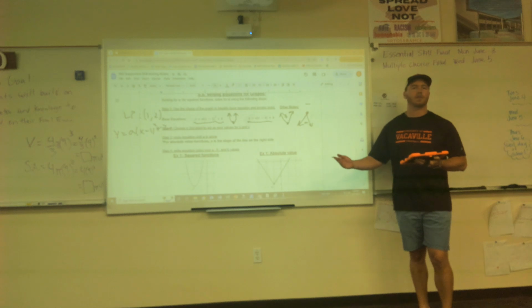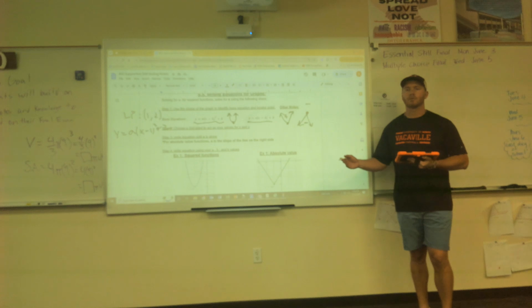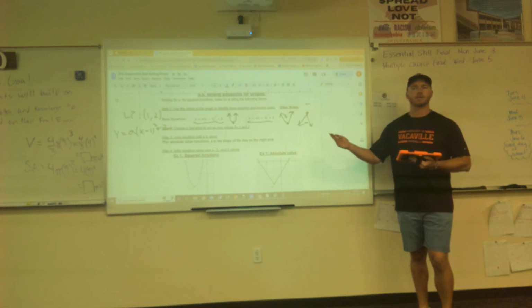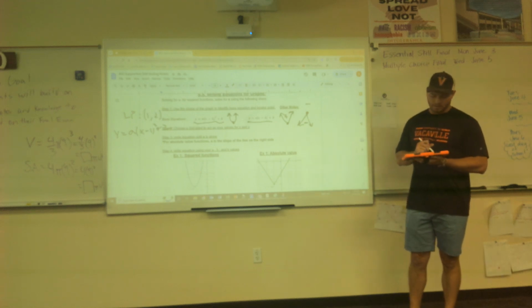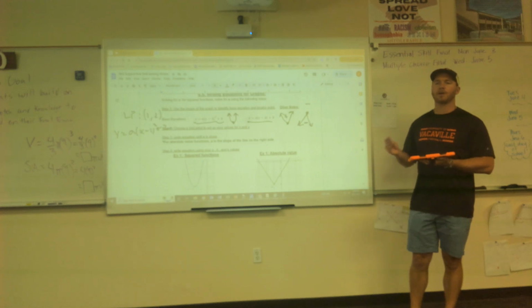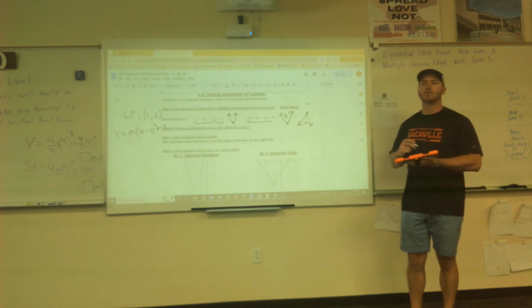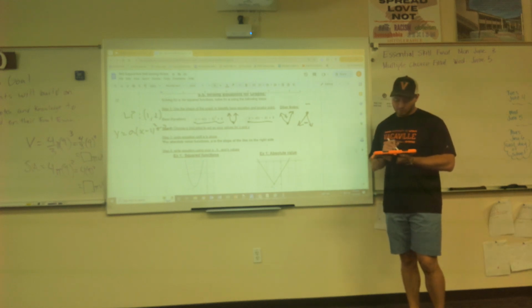What are we missing from there? What do we still need to know? What a is, right? X and y we could find on the graph for any point that's on there, but we don't know what a is yet. So that's where we go to our second step of choosing a second point. So you look on your graph.